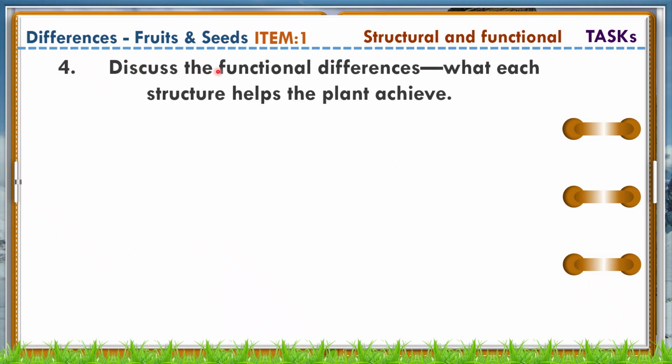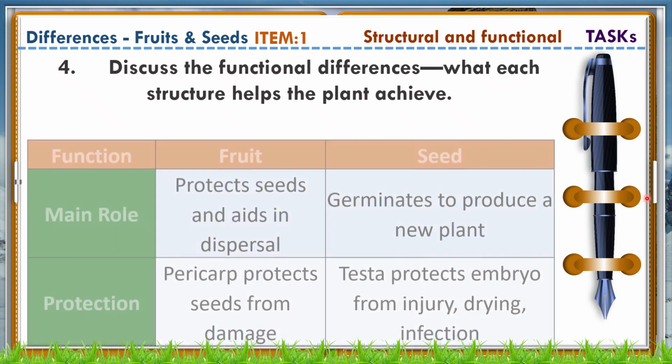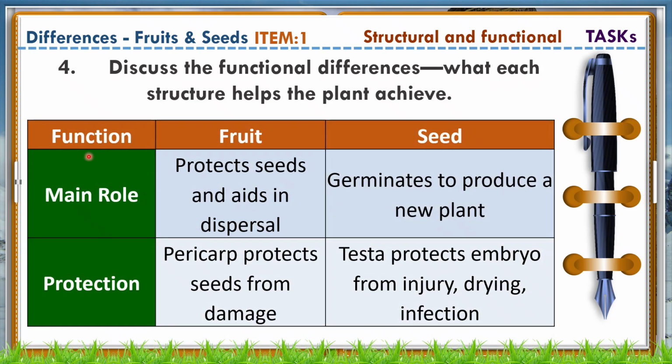Now let us discuss the functional differences. What each structure helps the plant achieve. We look now at the function of the fruit and the seed. We shall start with the main role.